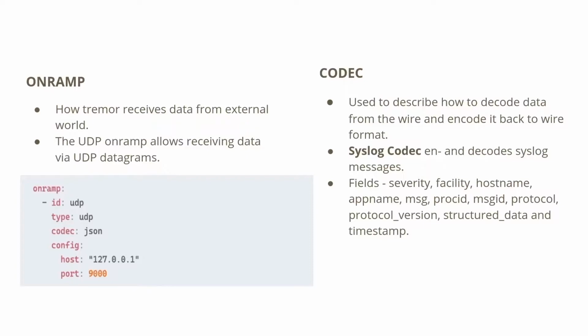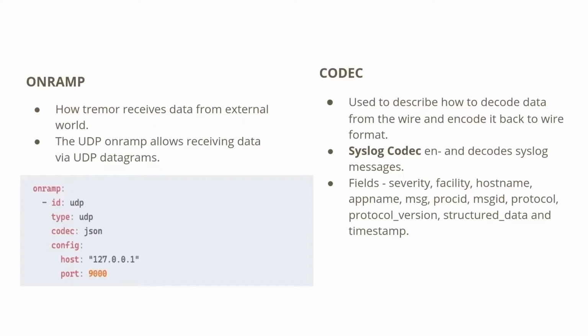For this kind of data handling, Tremor has codecs. Codecs describe how to decode data from the wire and encode it back to the wire format. So the first milestone of my project was to implement a syslog codec, which, as its name suggests, could encode and decode syslog messages.